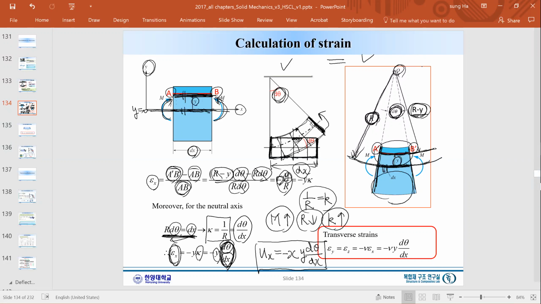This one moved in x, and this one x moved, and this one x moved. So it's simply proportional to x and proportional to y, which we observed, and the constant is d theta dx. And this one is equivalent to this because epsilon x is simply the derivative of ux with respect to x. So as you can see here, these are identical relations. This is the strain in terms of displacement.